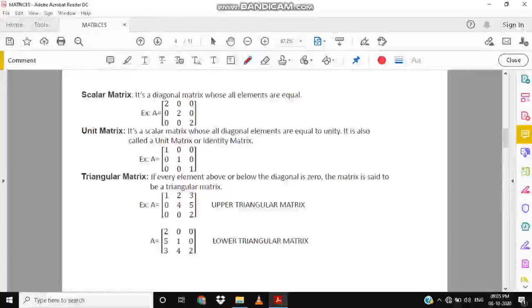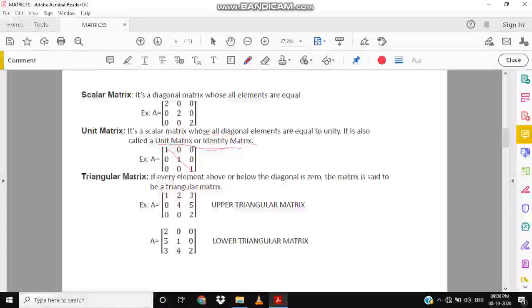Coming to another one, the unit matrix. What is a unit matrix? The diagonal elements of the matrix are equal to unity. I mean it's 1. All the elements in the diagonal position are 1. So this kind of matrix is called a unit matrix. It is also called an identity matrix. Remember this, this is very important.